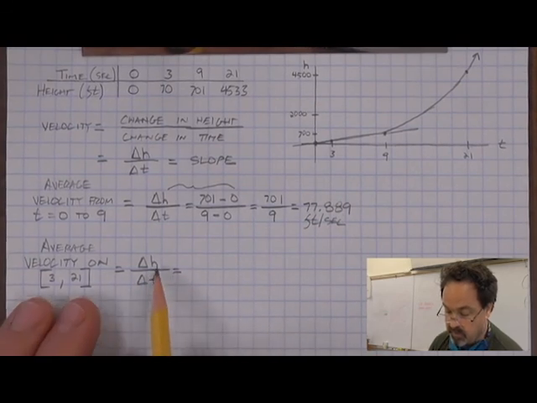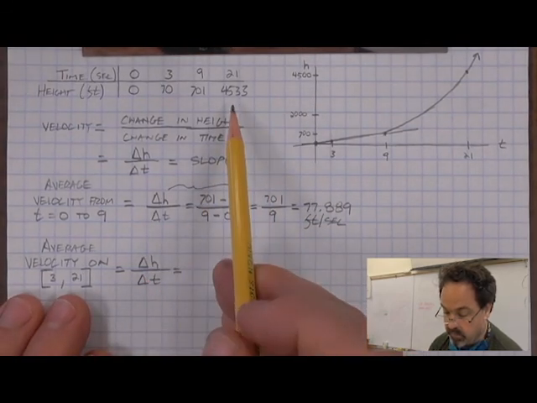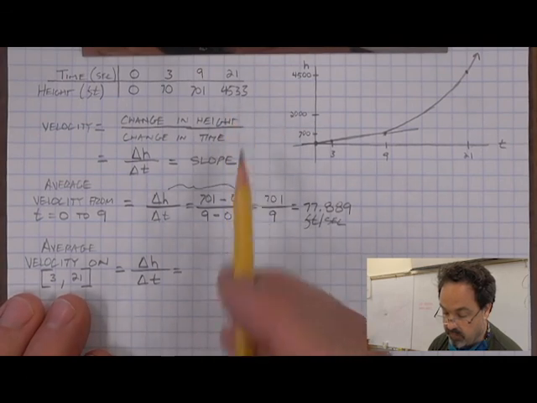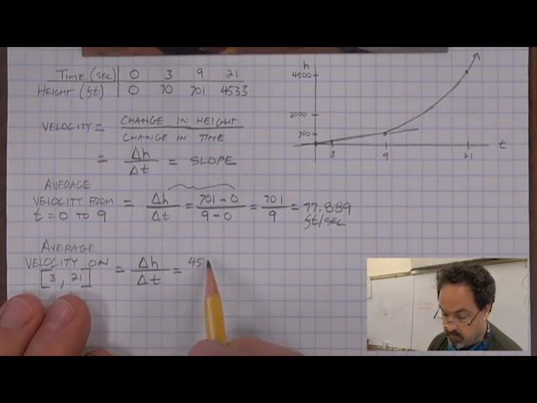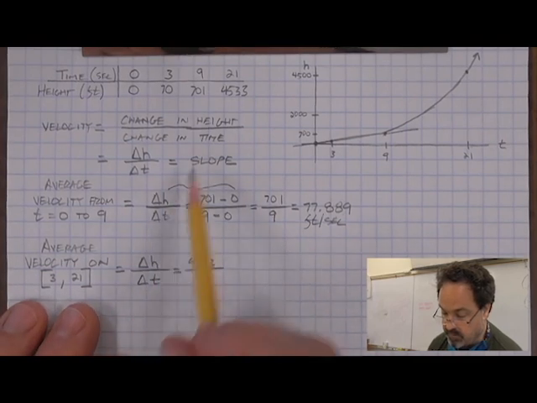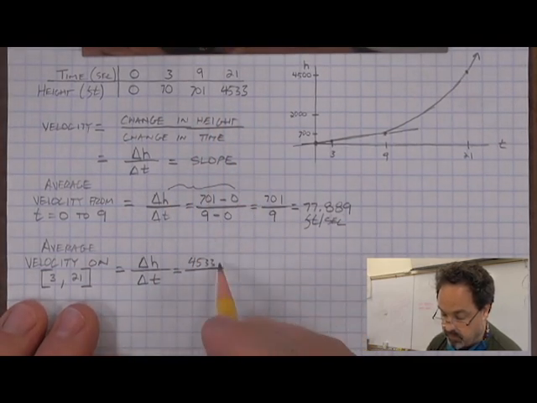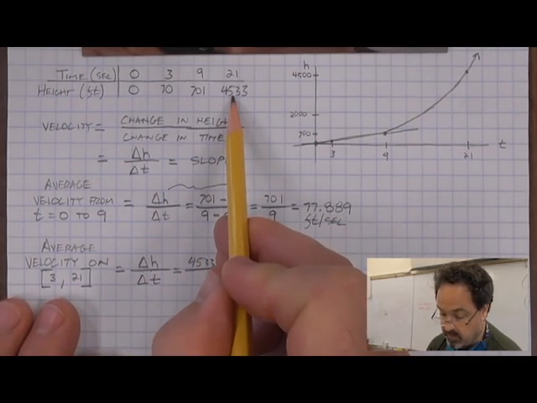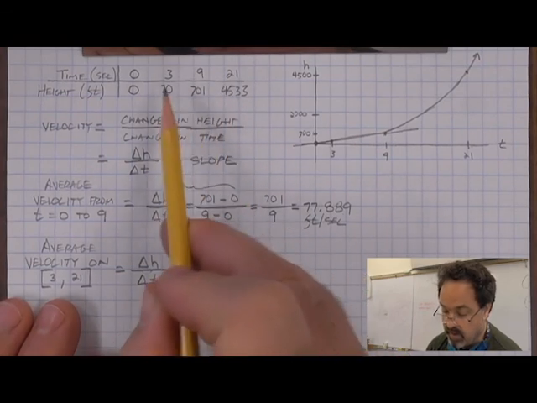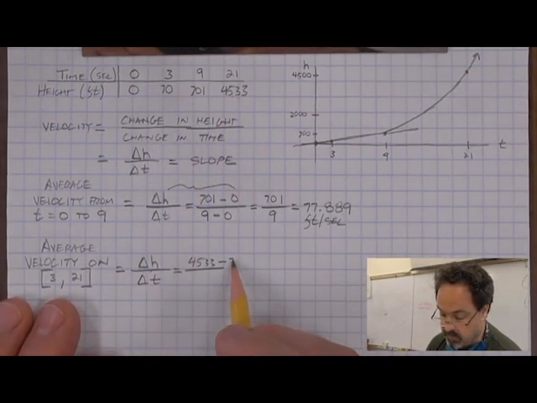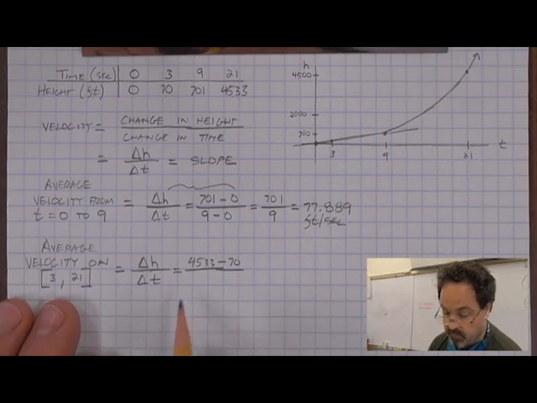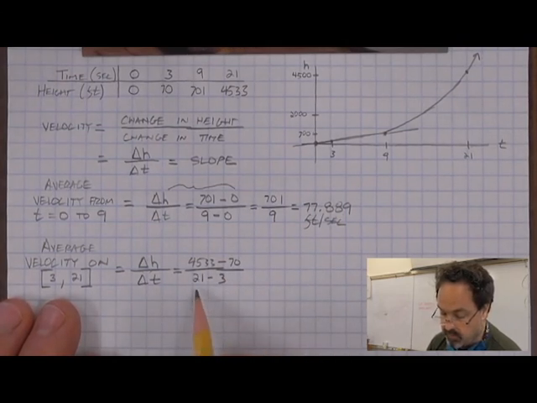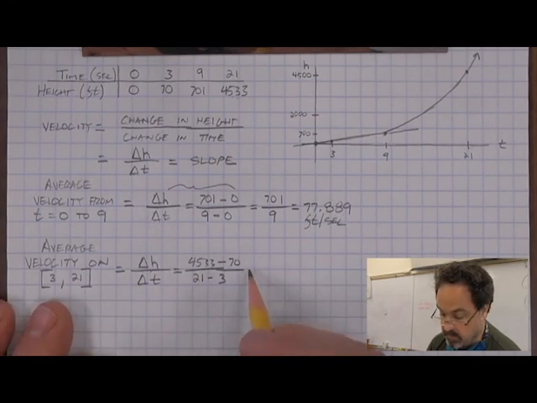To find the change in height from 3 to 21, we take the latter value, 4,533, and we subtract the beginning value, 70. The change in time from 3 to 21 might be a little simpler to calculate, but we'll show the work as 21 minus 3.